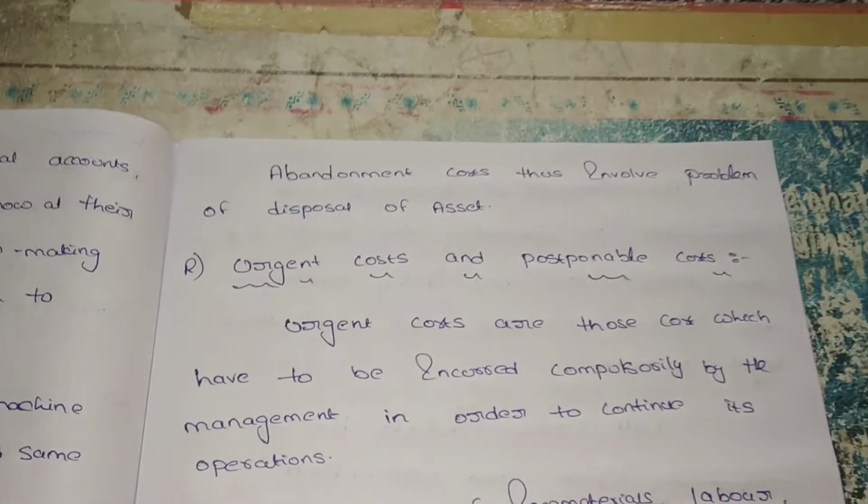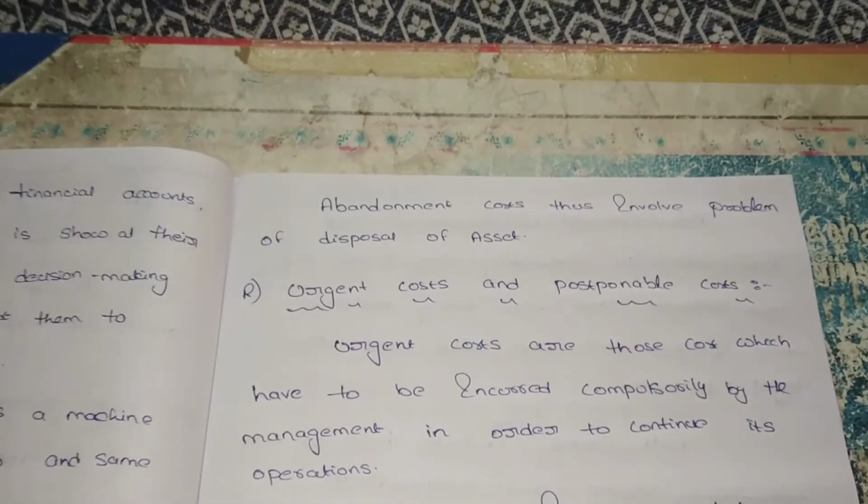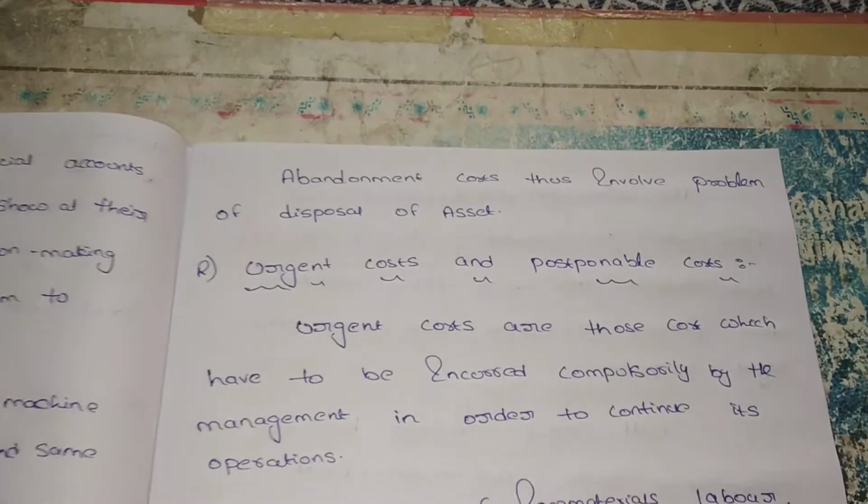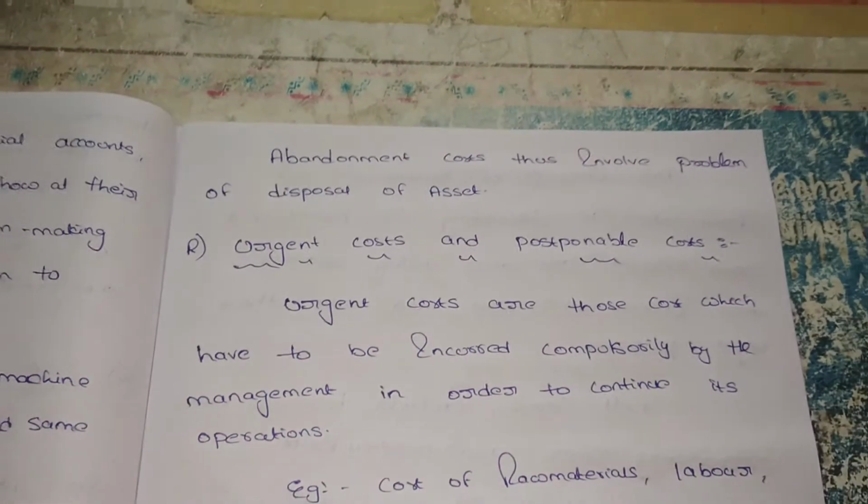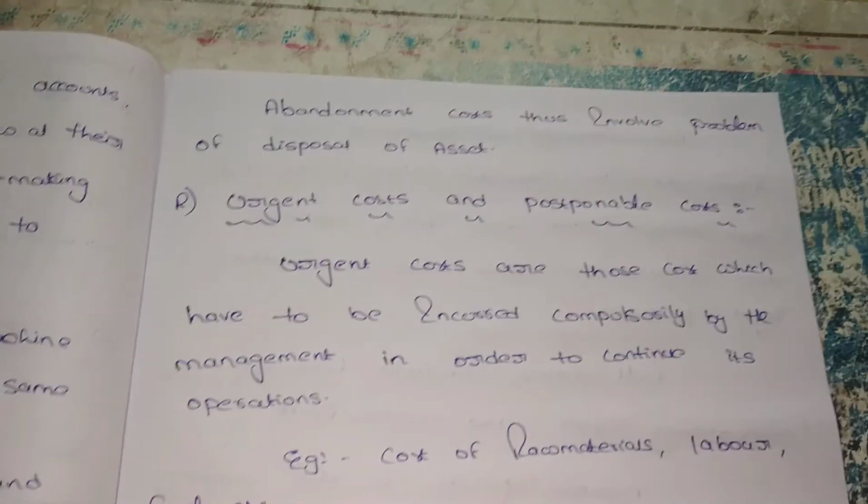While we are running our production processes in our company, at that time we incur some expenses, and we call those expenses urgent cost. When the company is in a position to continue its operations, at that time we incur some cost, and such a cost is an urgent cost.